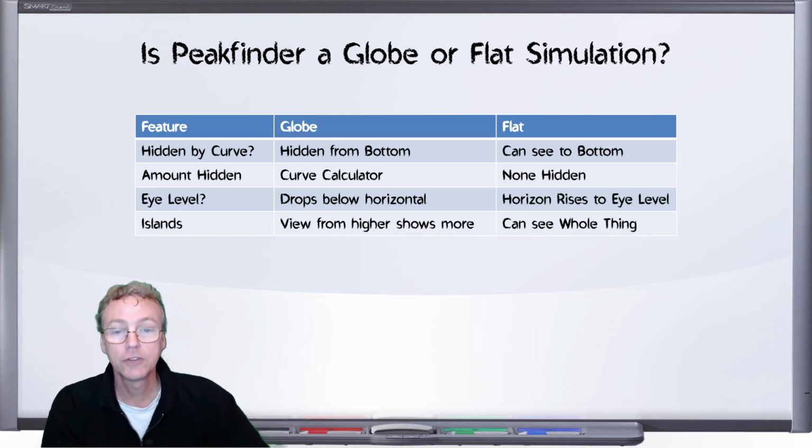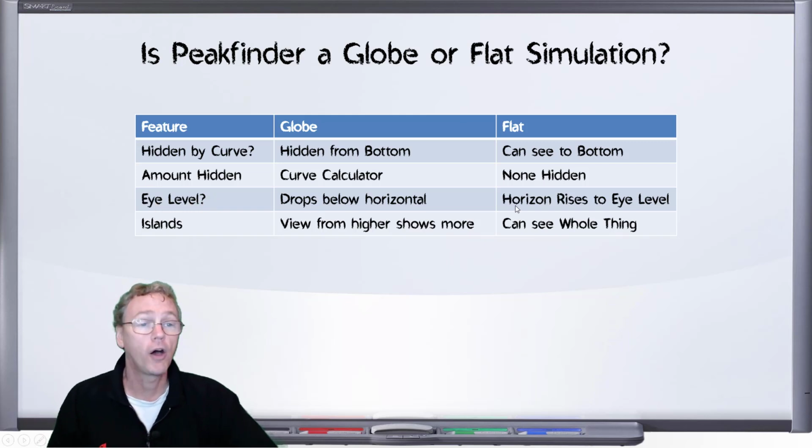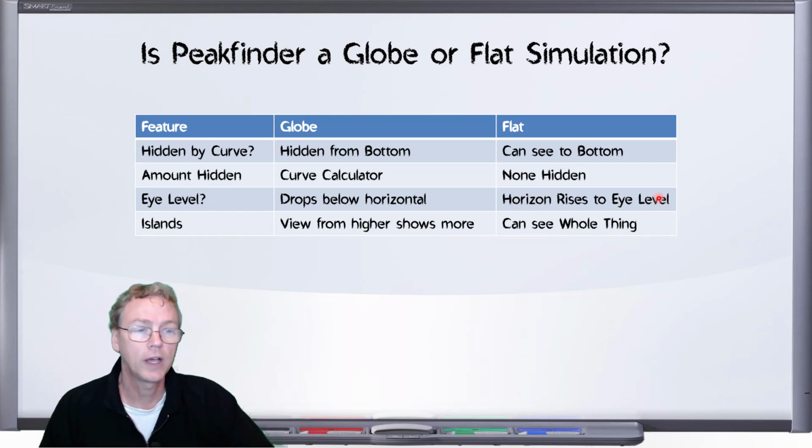Here's another thing I threw in towards the end: eye level. On a flat simulation, it's often said that the horizon always rises to eye level. We've heard that before. That's a flat feature. Whereas if it's a globe, we have the matching demand that the horizon must drop below eye level.